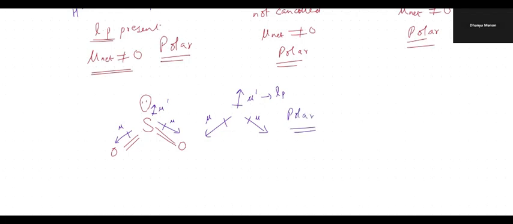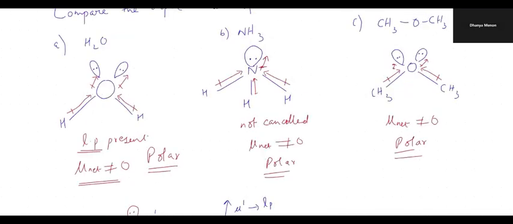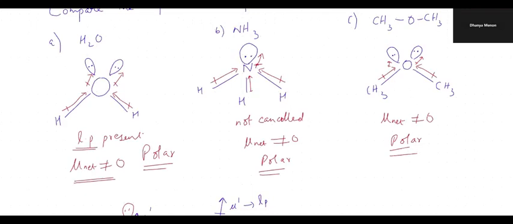Okay, so this is also polar. So all these four molecules are polar: water, ammonia, ether, and sulfur dioxide. In the first three, the dipoles are not getting cancelled. They have a net dipole moment. They are not going in opposite directions. If you see, the arrows are not in opposite directions. There is a net resultant dipole, so they are all polar.